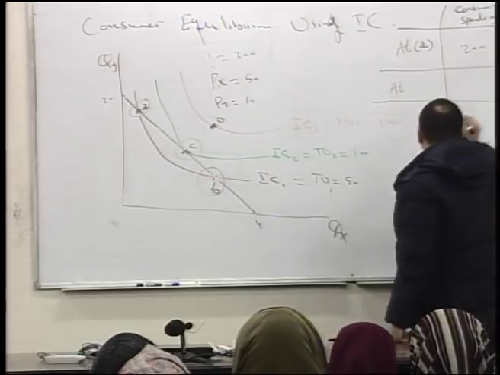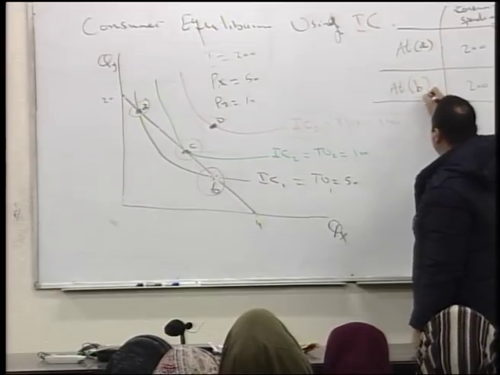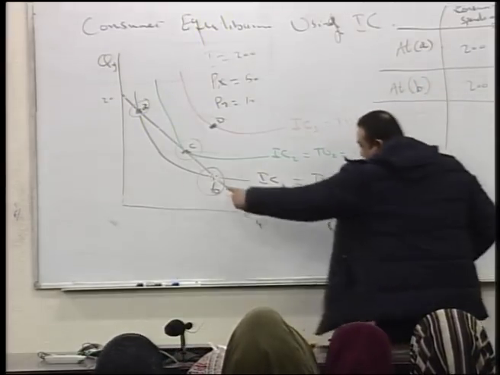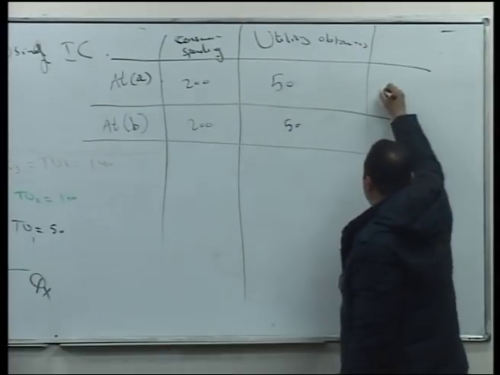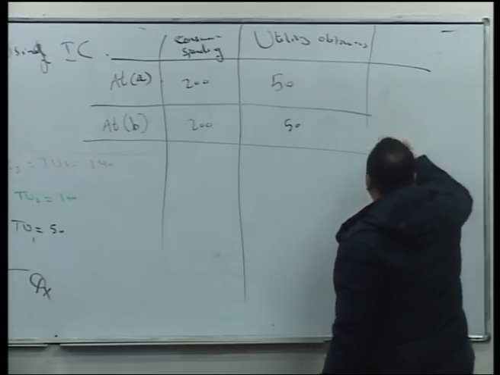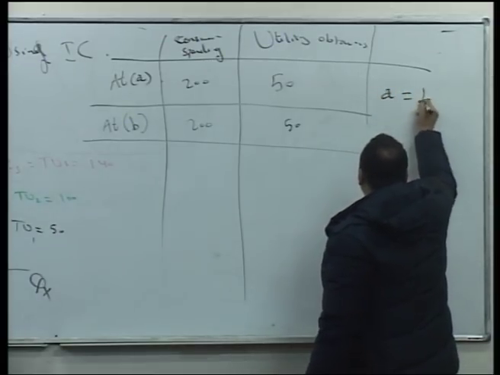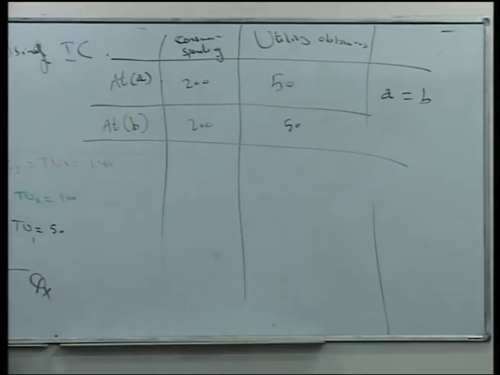So he spends 200, point B, and gets how much? 50. So point A equals B. So we can say that A equals B. صح? What about point C?